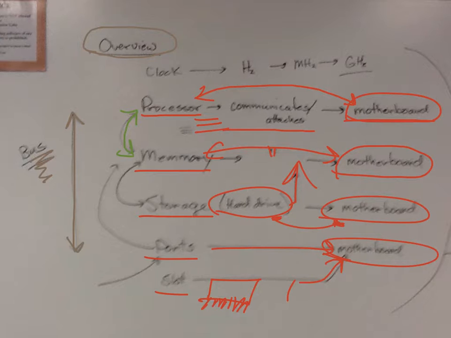Some type of bus. So we can have the ports. We get the communication between memory and storage, communication between the processor and memory, and so forth. And then we even talked about some of the outside things connecting in the ports. Keyboard, mouse, all those things. Okay?